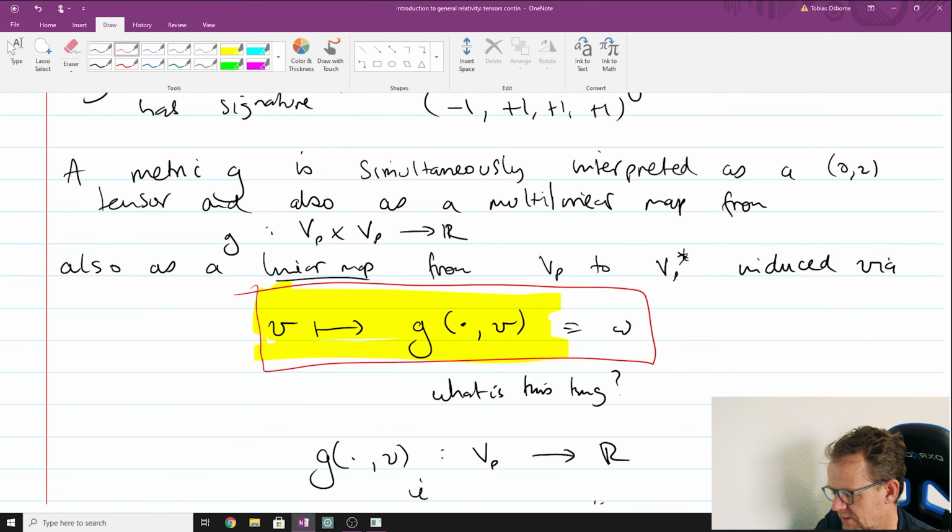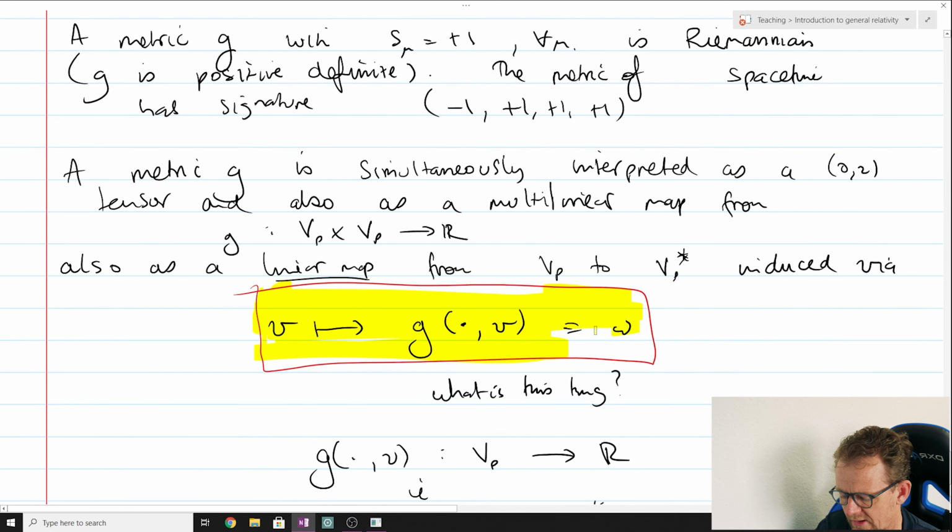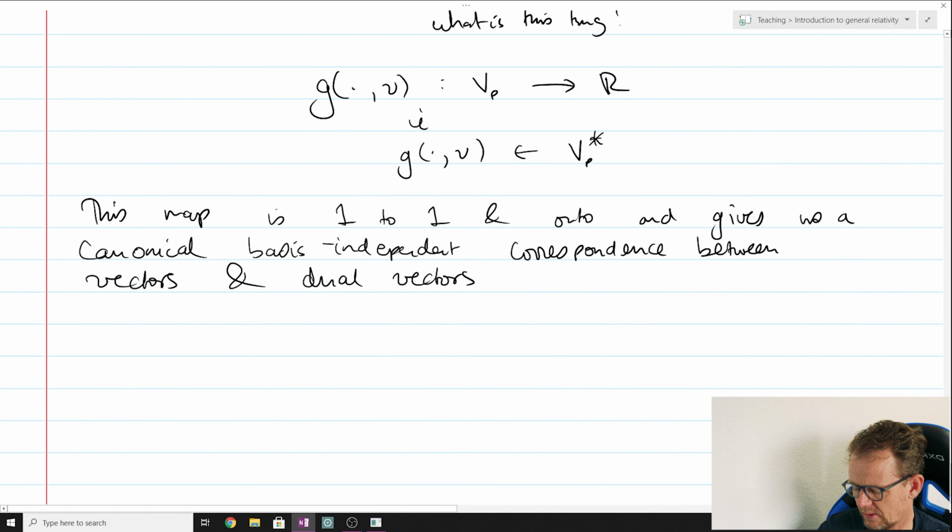And that correspondence, where you associate to every vector a corresponding linear functional omega that's now a cotangent vector, that's basis independent. I never wrote a basis down in this equation here in the box. And so that's now a basis independent correspondence between vectors and dual vectors.